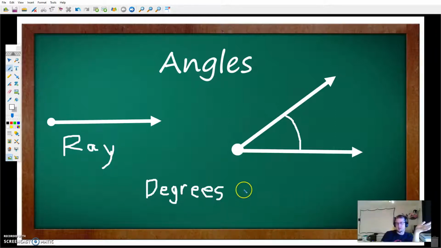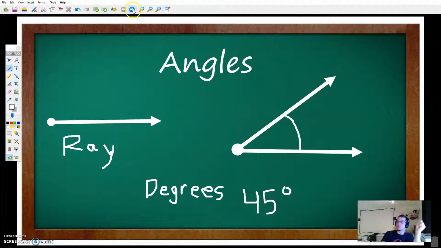Now, if I've got an angle, let's just say 45 degrees, the symbol for degrees is generally just a little circle right up top there. If you've studied science at all, temperature, you'll know that that little circle there means degrees for that as well. This is a different kind of degree.